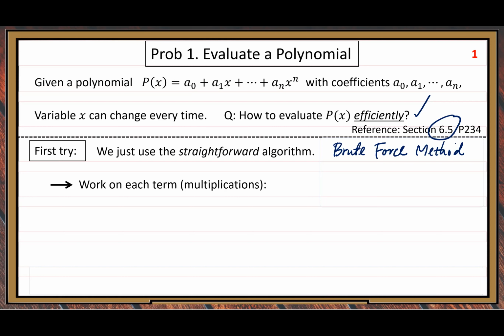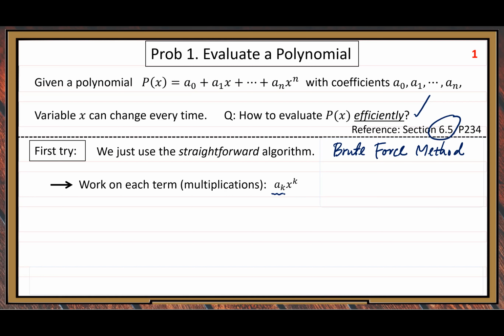So let's do the work. First, let's work on each term for multiplications. Look at this general term. First, we have one coefficient number, a sub k. That's the coefficient. Second, x to the power of k.